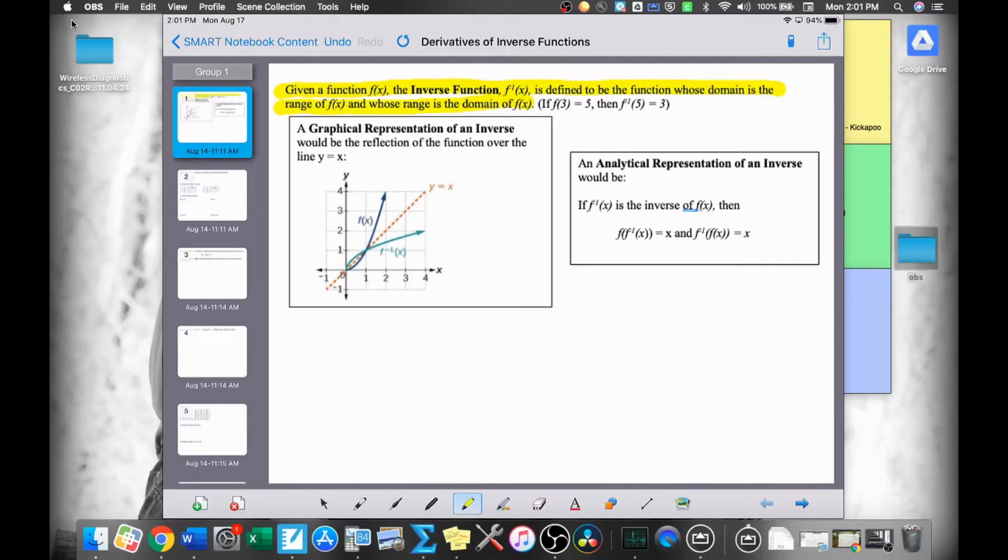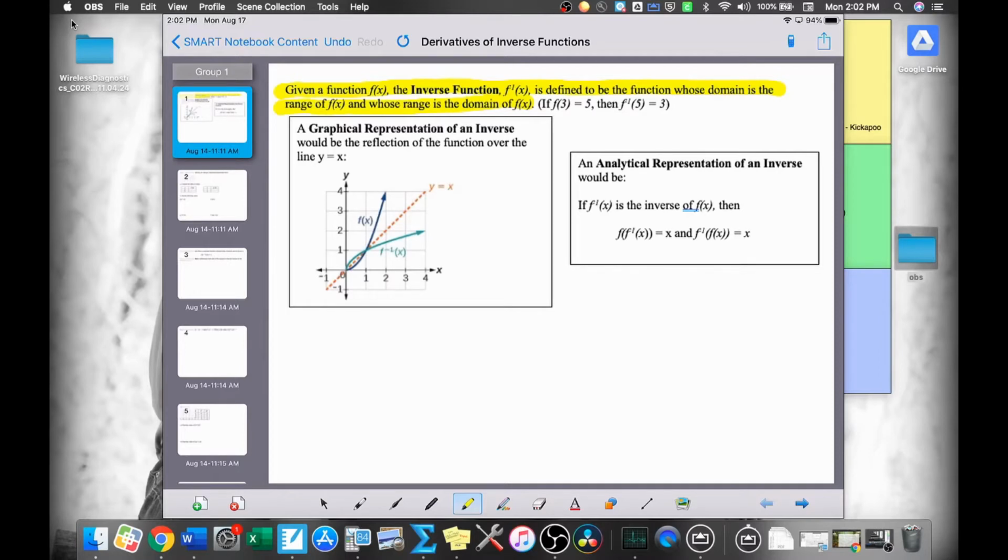And you should remember from Algebra 2 the analytical representation of an inverse function. If I said we have two functions, f of x and g of x, prove that they are inverses. Remember, we used to do the two compositions, f of g of x and g of f of x. And if those two functions were actually inverses of each other, the compositions would always give us back the same thing, and that special thing would always be x.